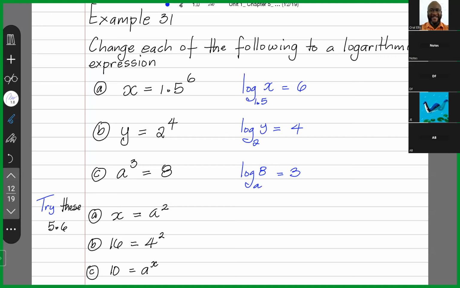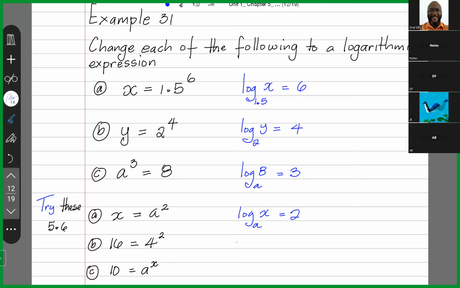Try these, 5.6a: the number x is equal to the base a raised to the power 2. In log form, the logarithm of x to the base a is equal to the power 2.